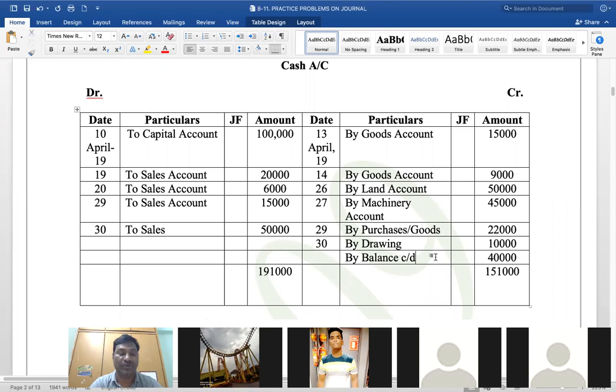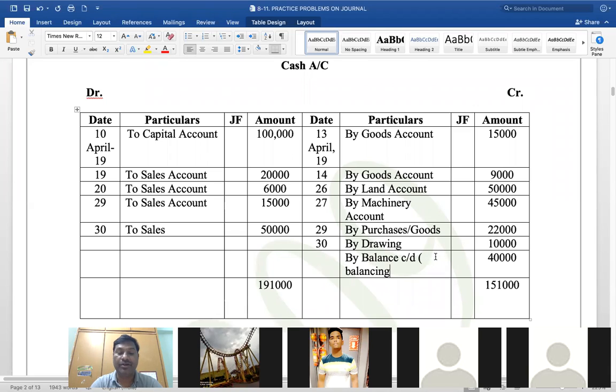Because of this amount, your total became 1,91,000 on the credit side also.